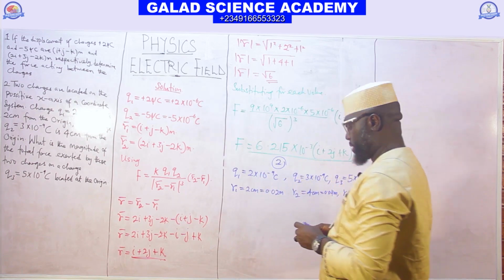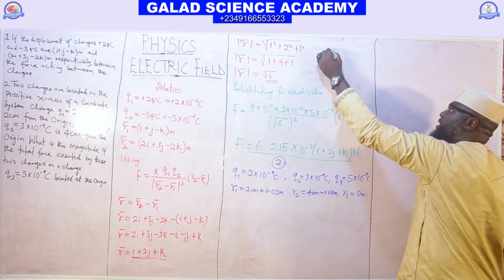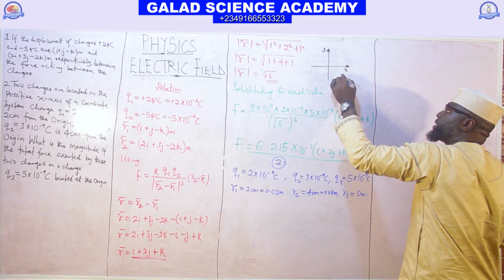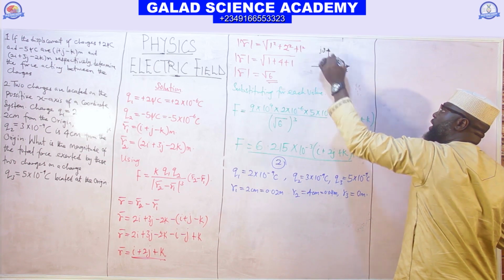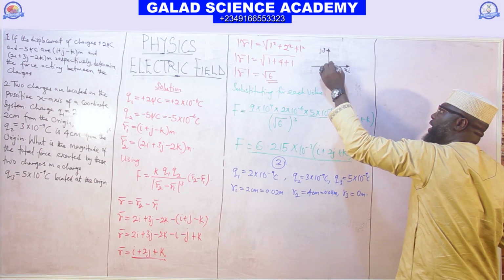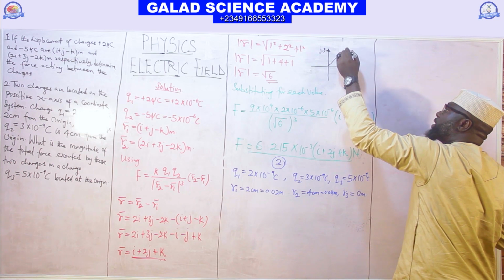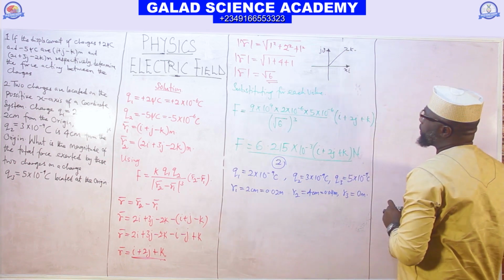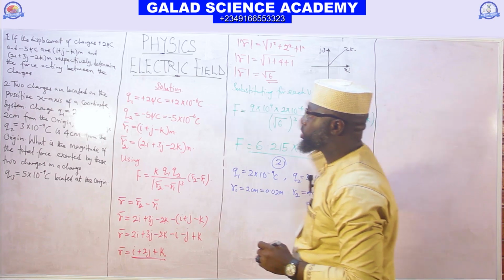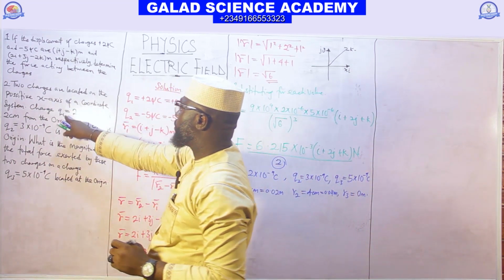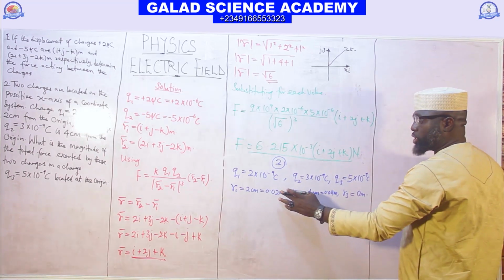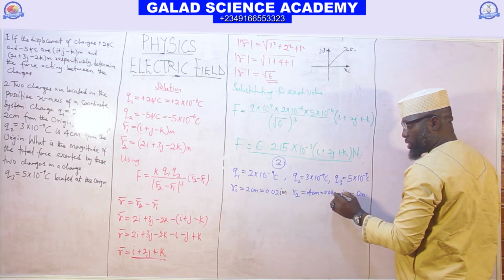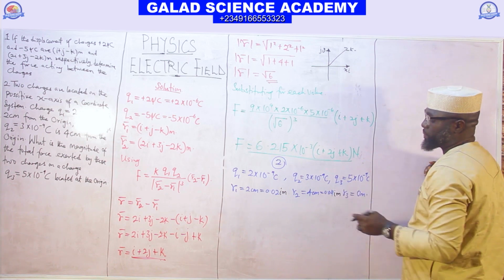If you can remember from Cartesian coordinates, where we have x, y, z: y is J, x is I, and the z here we call K. So for the positive x-axis, the distance here, 2 meter, for I it will be 2 meter, and for J and K it is 0, nothing.